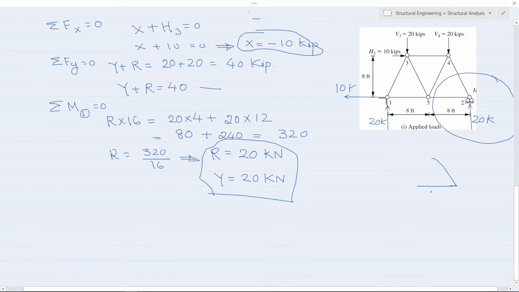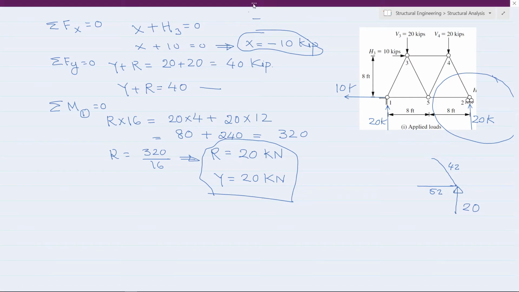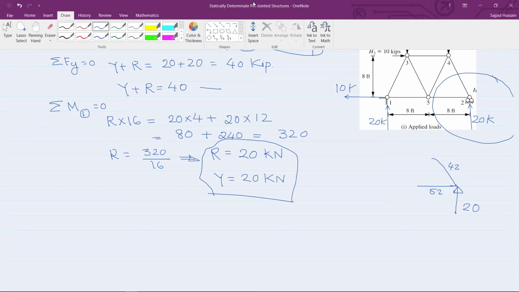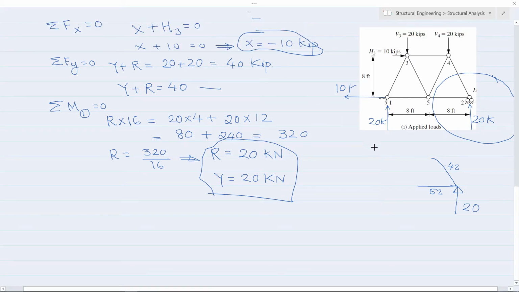This is member number 52, this is member number 42, and there is a force acting in the upward direction which is 20 kip. Now, if this system is in equilibrium, that means each and every node is in equilibrium.